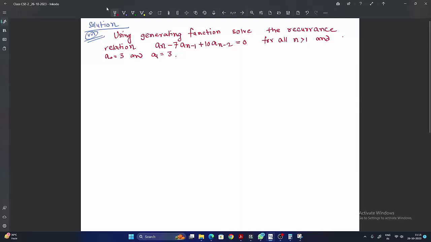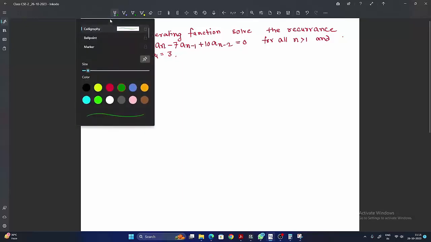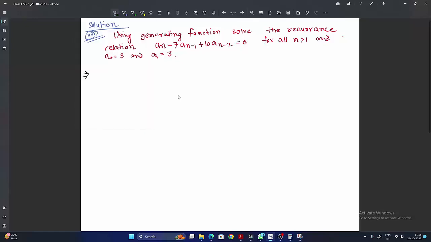Okay, that is the problem, very important problem, and you have to solve it by using the generating function method. So in the generating function method, we will take G(x) to be the generating function of that sequence a_n, because we are finding a_n.